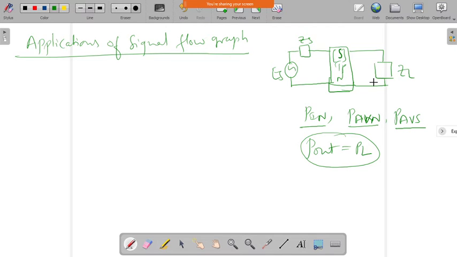These expressions can be derived using the signal flow graph technique which we have done earlier, for this two-port network. We have already seen that signal flow graph in terms of A1, B1, B2 and A2.